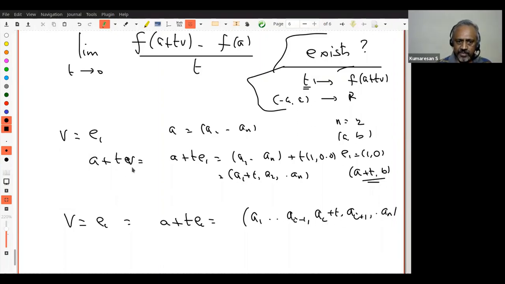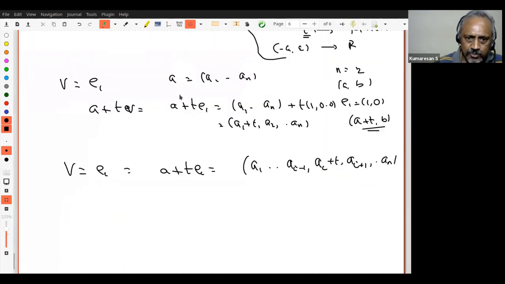When v equals E1, it is only an increment in the first coordinate. When v equals E2, it will be an increment only in the second coordinate and so on. So this is something like your partial derivative. If the limit exists, it will be something like a partial derivative.